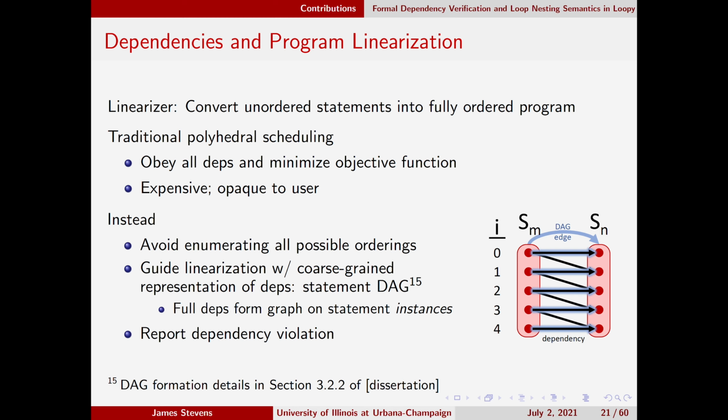So if dependencies, which are expressed in terms of statement instances, between two statements meet our specified criteria, we create an edge between those two statements in the statement DAG. Again, in the interest of time, I won't go into these criteria right now, but all the details are in the dissertation.